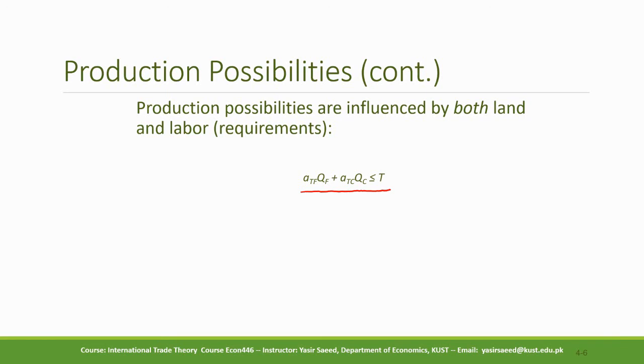But if we are using the entire land resources, then it will equal T. Basically, aTF times QF shows the land resources used for the production of food, and aTC times QC shows the total land used for the production of cloth. Combining these two gives us the total amount of land that has been utilized.